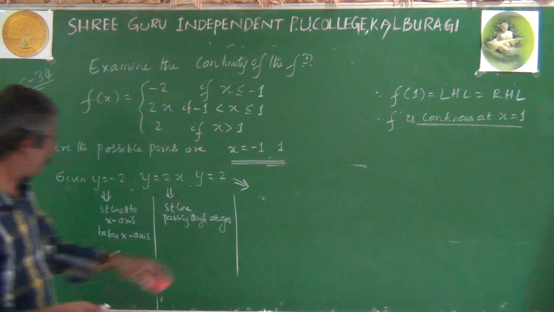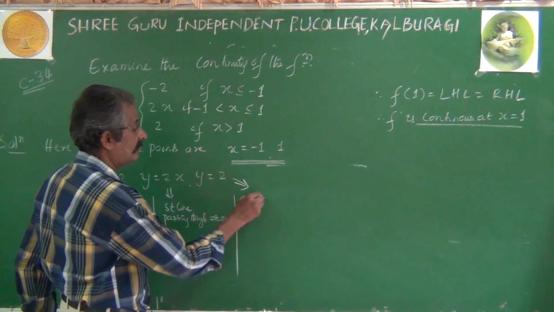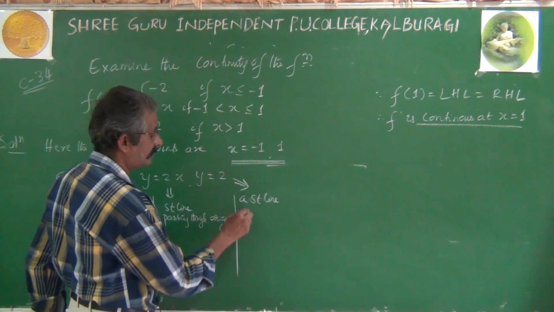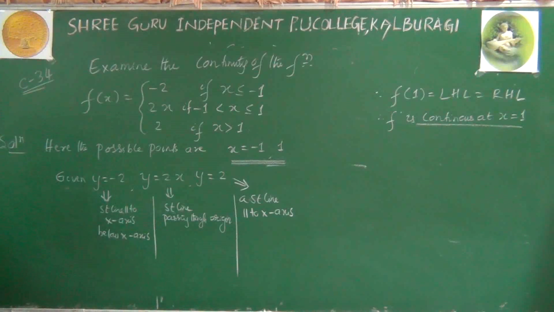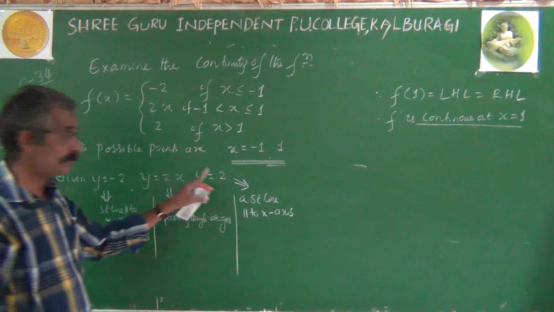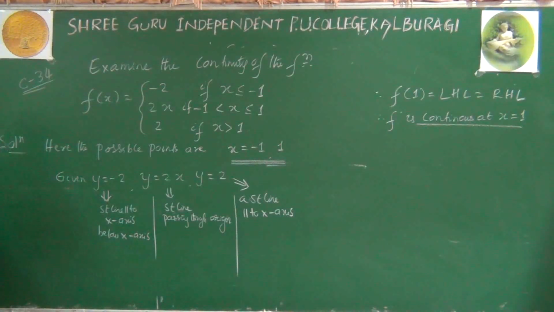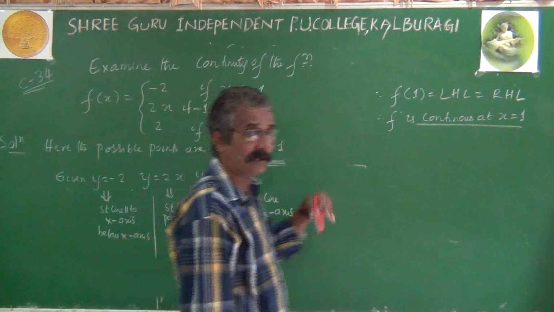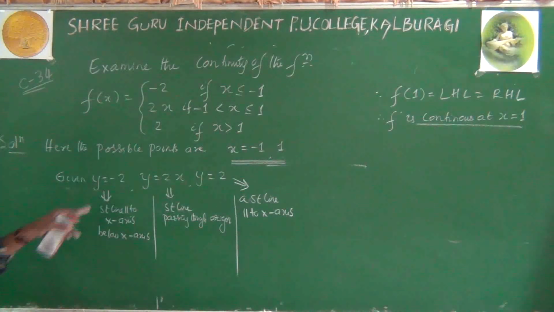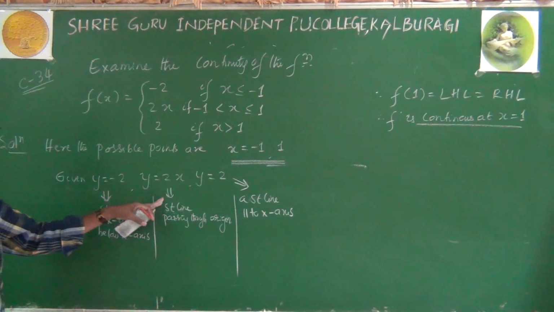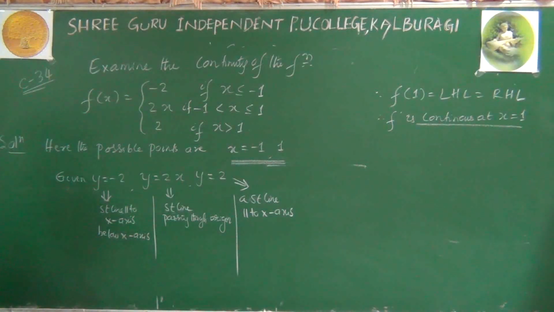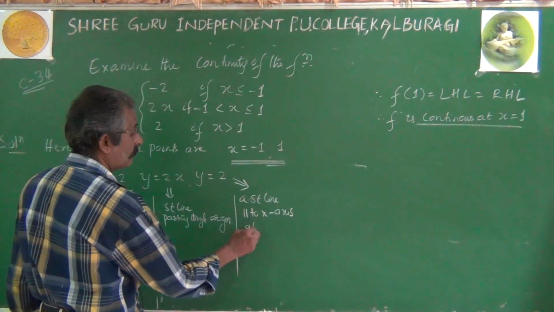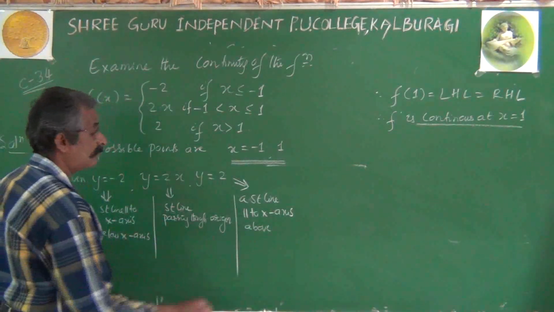It is also a straight line, also parallel to the x-axis, but above the x-axis because y is plus 2. Y can be positive only in the first quadrant and second quadrant. That's why this straight line occurs above the x-axis, whereas the first one occurs below the x-axis and the second one passes through the origin.